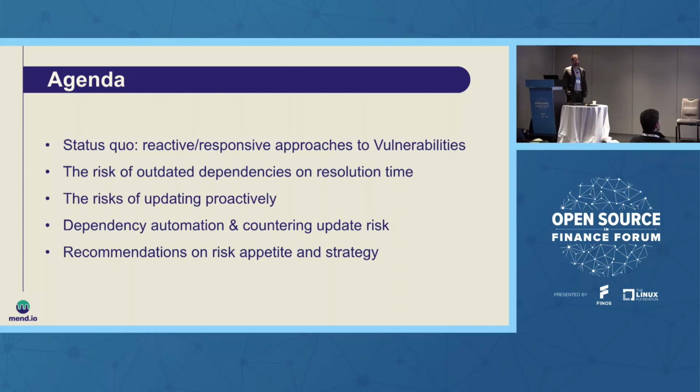In other words, the further behind you are, the harder it is to fix things quickly. Then, because this is about risk, the risks of updating proactively. Everything is a trade-off. All right, and then finishing up talking about dependency automation and countering update risk. And then some recommendations on risk appetite and strategy.